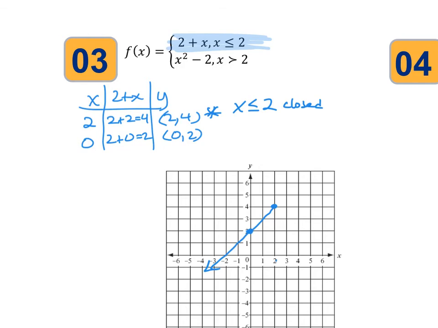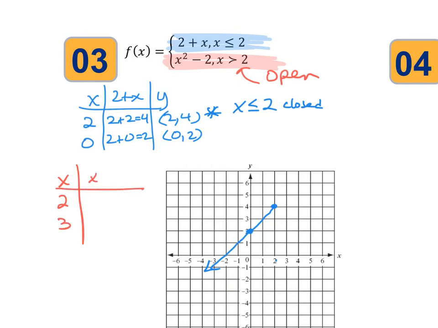Okay, I'm going to do the same thing for the red one. I have to plug in 2, but this time when I plug in 2, it'll be an open circle on the 2 because it's just the greater than. So again, I'll plug in 2, and then I'm going to plug in a number that's bigger than 2, so I'll plug in 3.